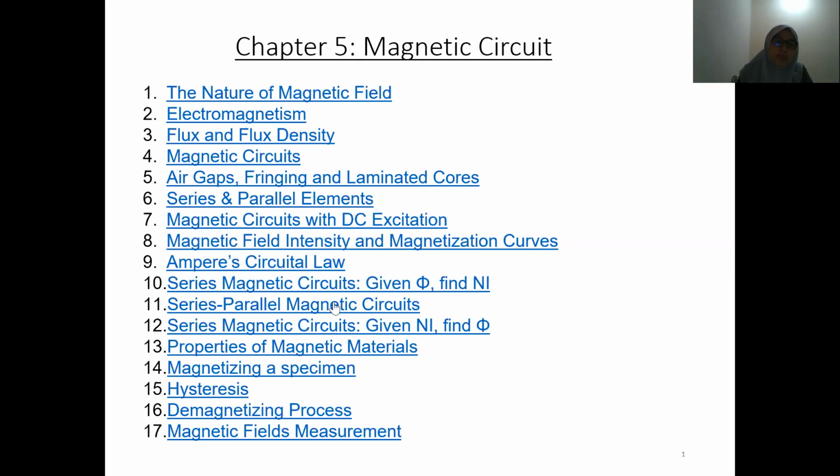Series-parallel magnetic circuits are where the NI is given and you have to find the flux. Then the properties of magnetic materials, magnetizing a specimen, hysteresis, the demagnetizing process, and magnetic field measurements. We will see these subtopics of this chapter one by one later on.